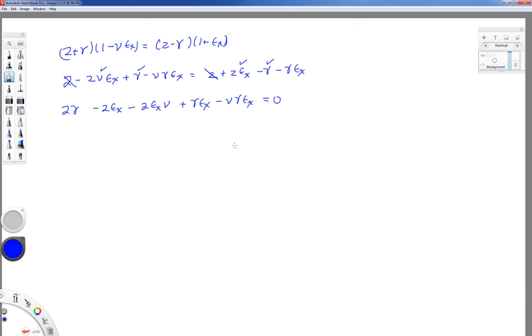Then if we multiply two very small numbers together, like gamma and epsilon x, those will be approximately 0. So another restriction that we can put on using our formula that we talked about, G is equal to E over 2 divided by 1 plus nu, is that in addition to having isotropic material, we also have small strain conditions.